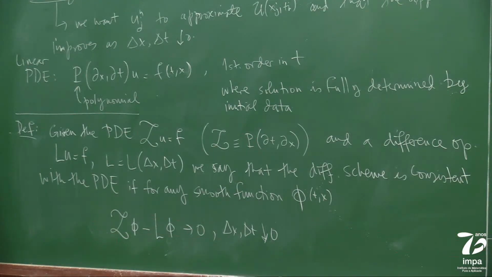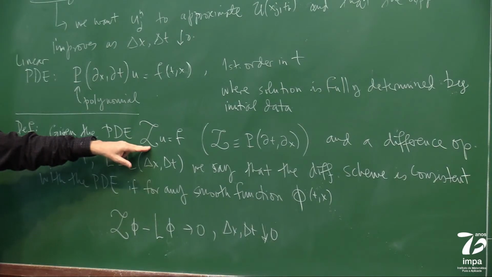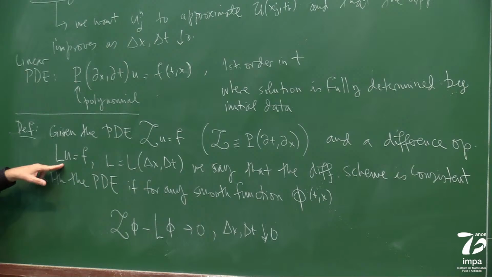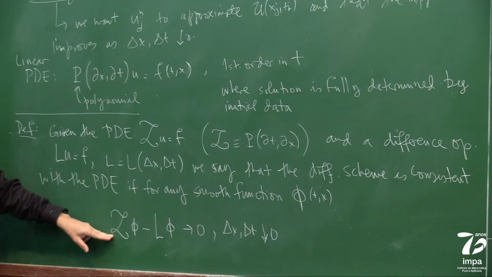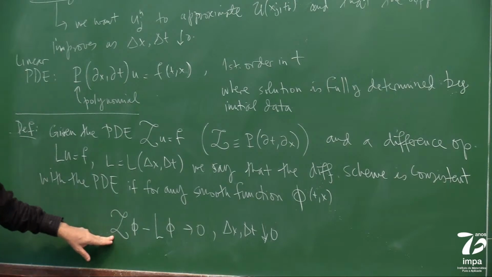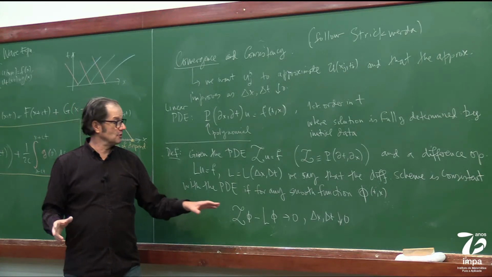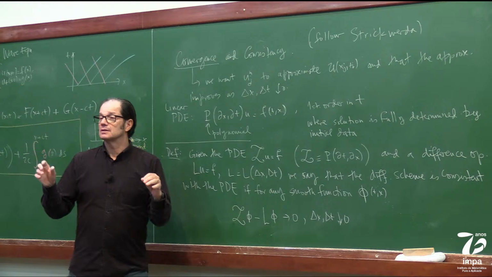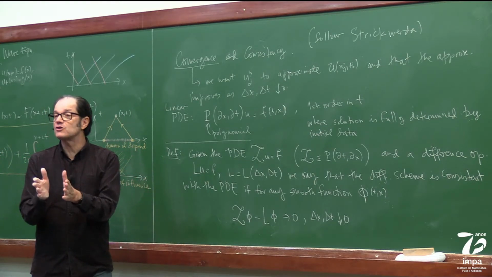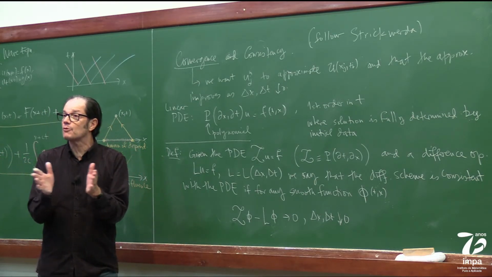So here's just new notation, calligraphic L differential operator, L_h difference operator, and instead of talking about the solution of the differential equation, it's basically the same. It's the same in the sense of operators. Here it makes very clear that the operators are nearby.